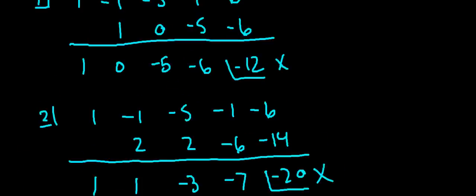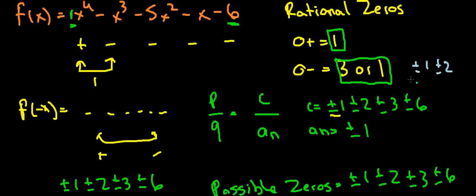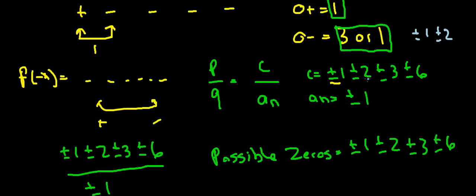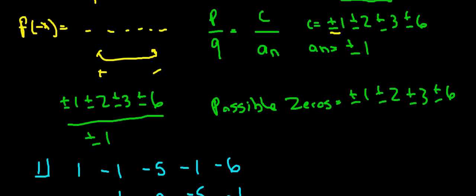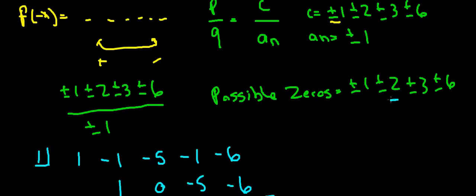So we go back up here, and what we said earlier is that we could have 3 or 1. Actually, let's go over here first. So we said plus or minus 2 is the lower bound. So this is the lower bound.